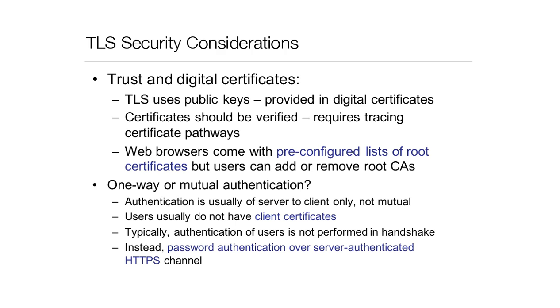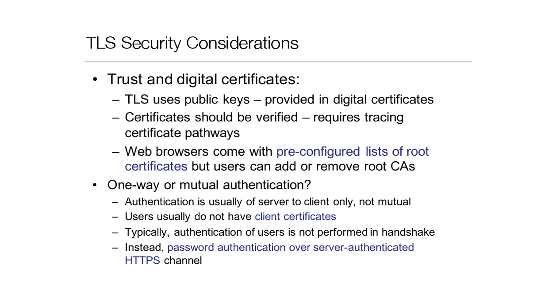When we have this TLS protocol, we have some security considerations. We have to have trust and digital certificates in our setup, because in the TLS handshake protocol, usually the server authenticates to the client. That is done using the digital certificate.